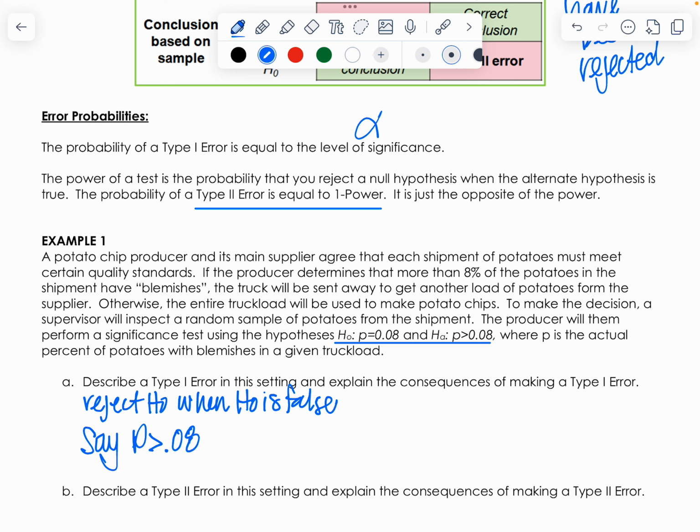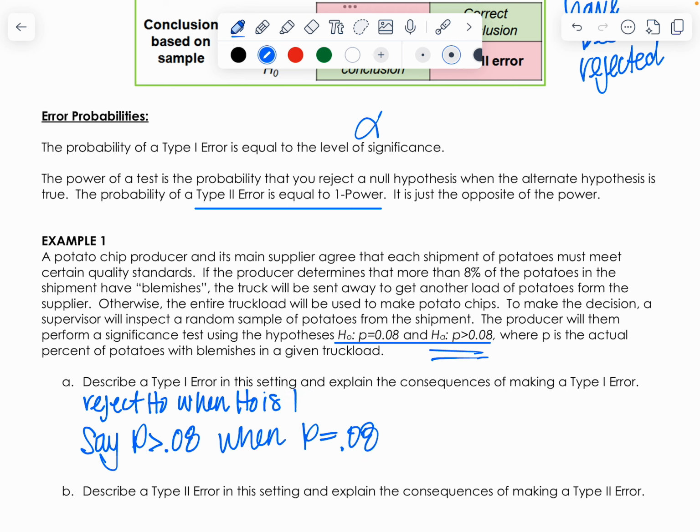That's what it means to reject. We conclude the alternate is true when P is actually equal to 0.08. And this should say the null is true. We should not have rejected.